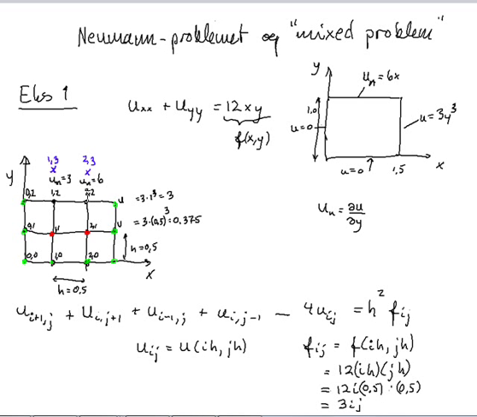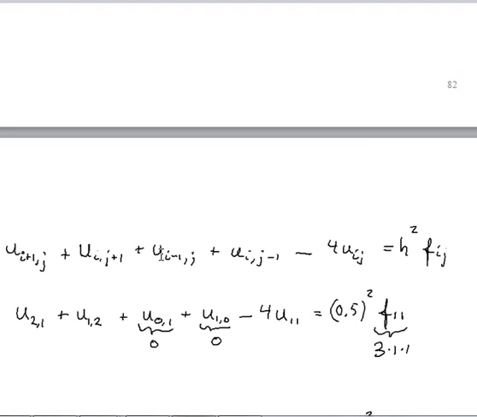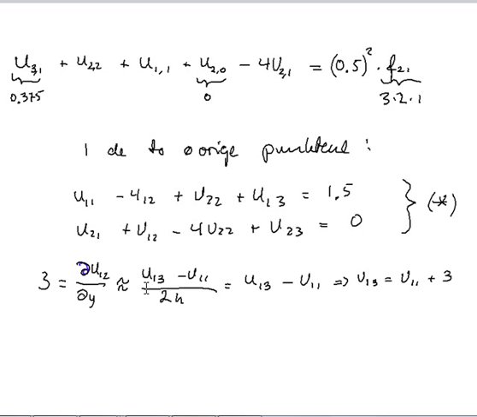And then the normal derivative, the partial derivative in this point, is approximately equal to the value of u in this point minus the value of u in this point over 2h. So let's just write this. It takes the following form. At the first point we get this, and h is just 1/2. And we know that the partial derivative in this point is supposed to be 3.